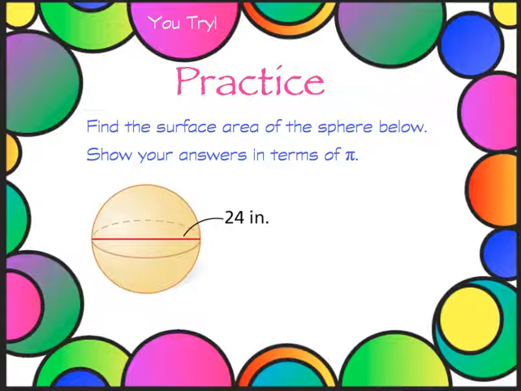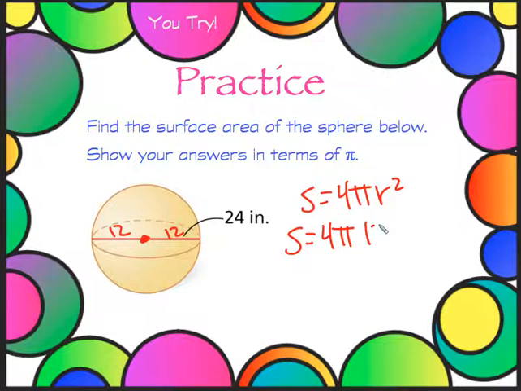All right, this is a you try, so I want you to pause it and try it. I'll go ahead and work it out. So 4 pi r squared. Now here's the deal. 24 is the diameter, so the radius is 12. So you should be doing 4 pi 12 squared. 12 squared is 144.